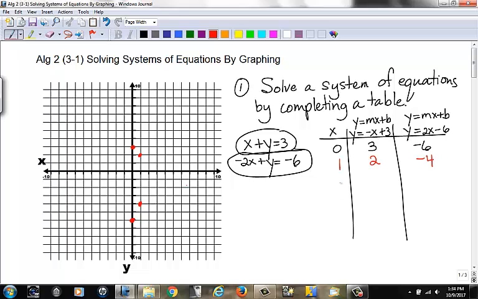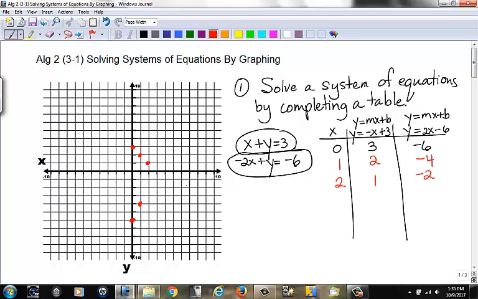2 points determine a line. All the rest of them will be checkpoints. And then if you put in 2, negative 2 plus 3 would be 1. And 2 times 2 would be 4, minus 6 would be negative 2. So one ordered pair would be 2, 1: 2 to the right and up 1. So now we've got 3 points on that line.